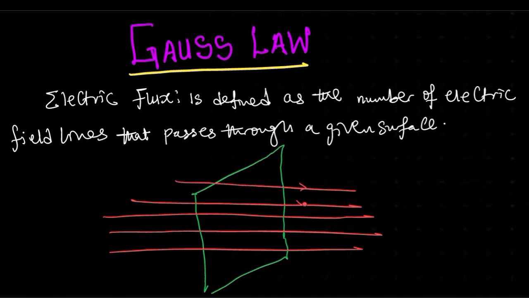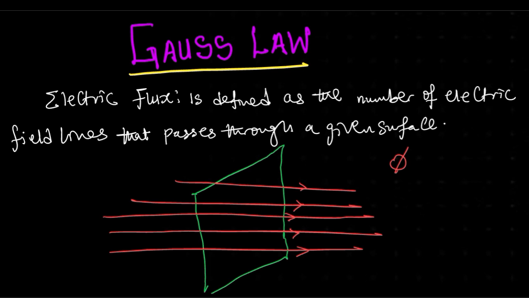These lines of electric field passing through this surface are called electric flux, and the symbol for flux is given as phi.